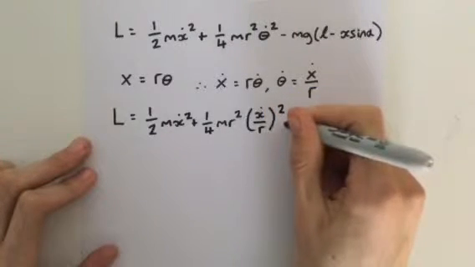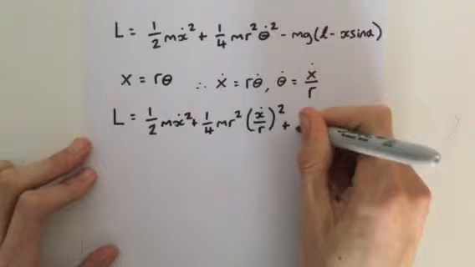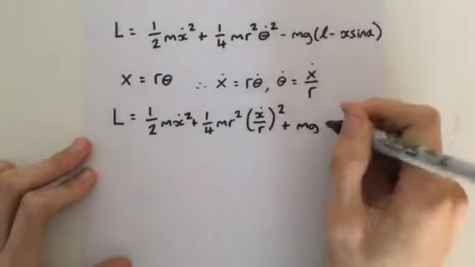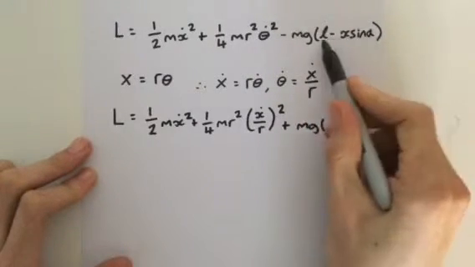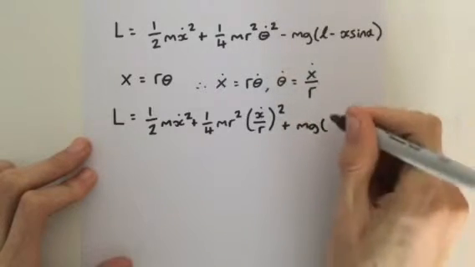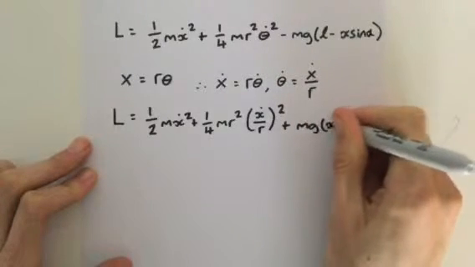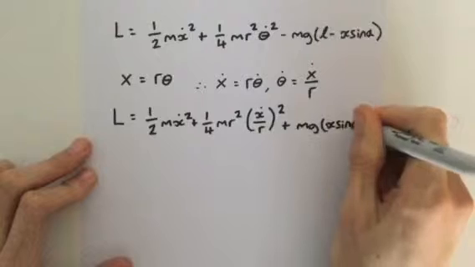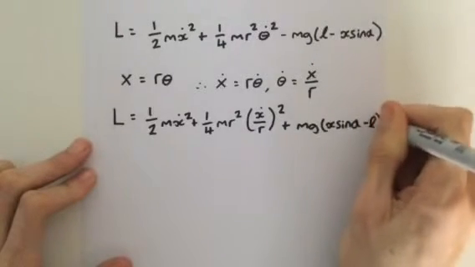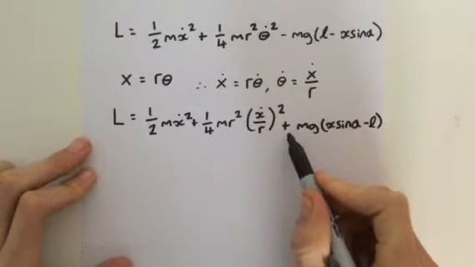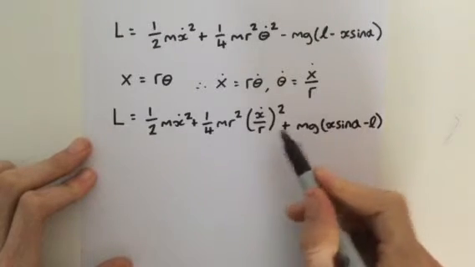And then, of course, we can add our mg, change these signs around to get our plus, so it's going to become x sine alpha minus L. We just switch things around to make that a plus. You don't have to do that, it just makes things easier.